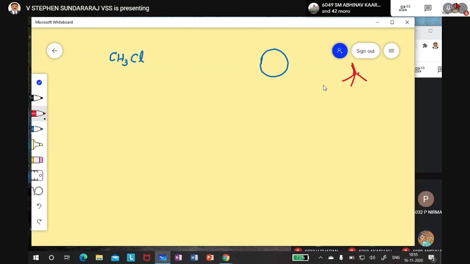So the top is backside, and the remaining three, because I am viewing in this direction. So I am viewing this molecule in this direction. So what happened? Chlorine is backside. Okay, chlorine I am putting a dash, and backside I am writing backside.